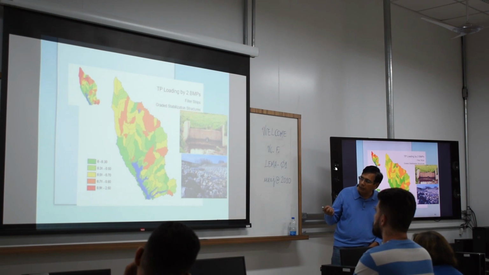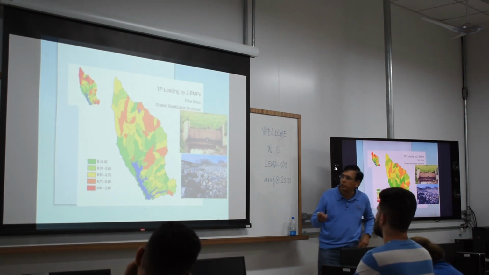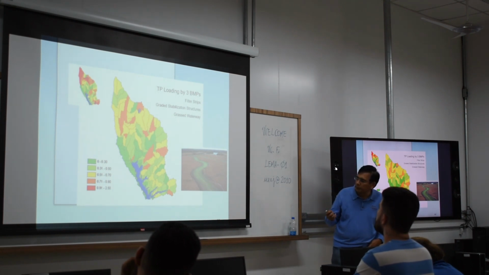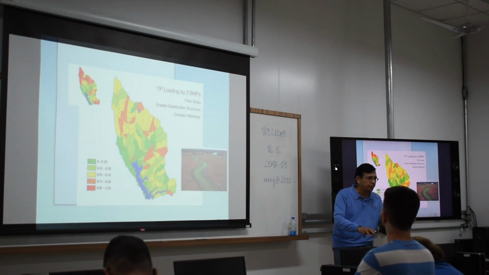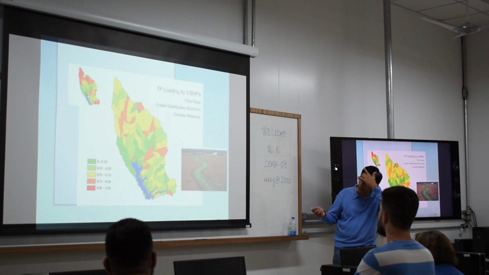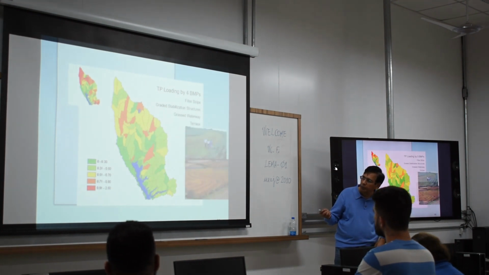That reduced it a little bit, actually not significant, it's only 2%. Then we put grass in the entire river so that we can reduce the velocity again. So that helped a little bit. You can see the color changing on the map of the basin.